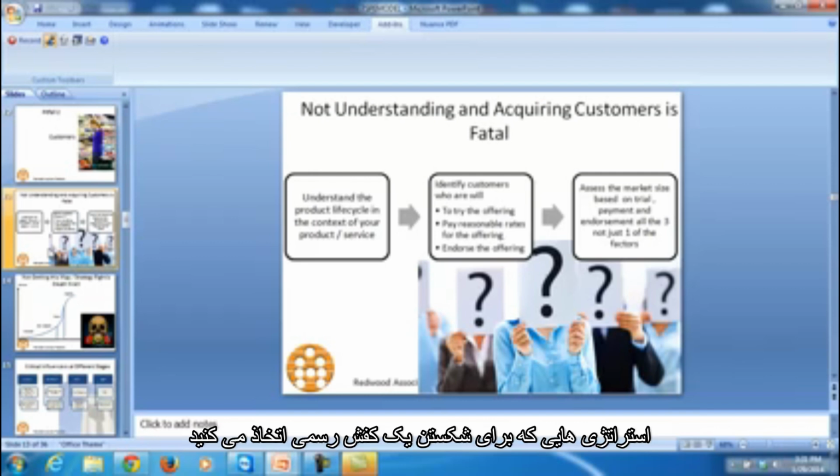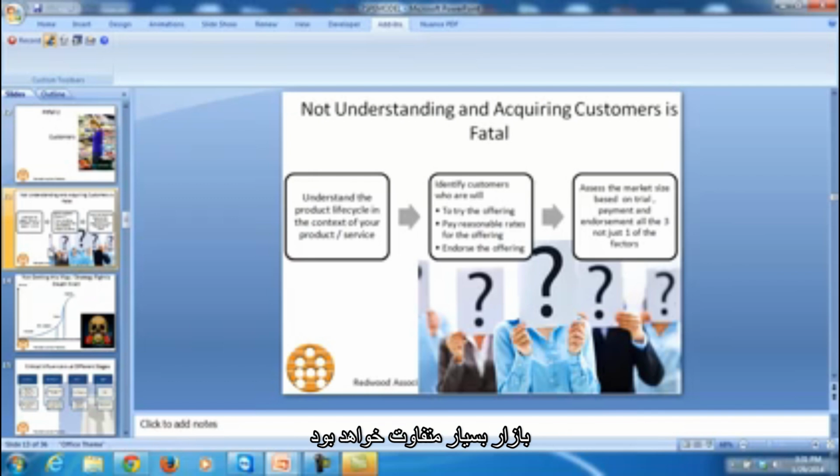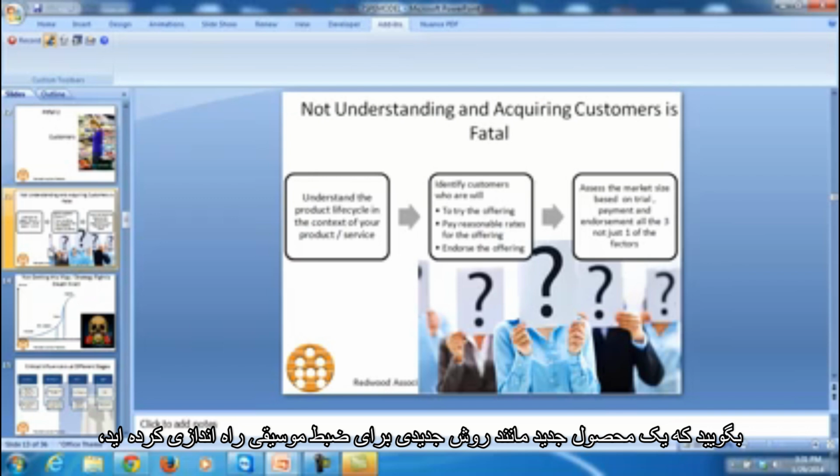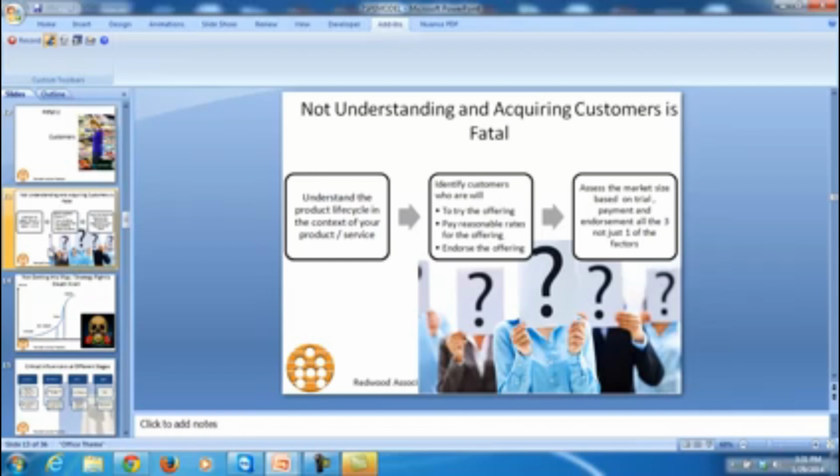The strategies which you adopt for cracking a formal footwear market will be very different from, say, launching a new product like a new way of recording music, which is an innovative product. So you need to understand what the product life cycle is.